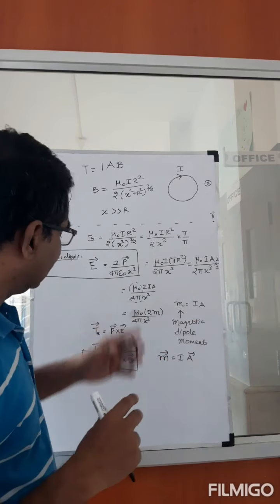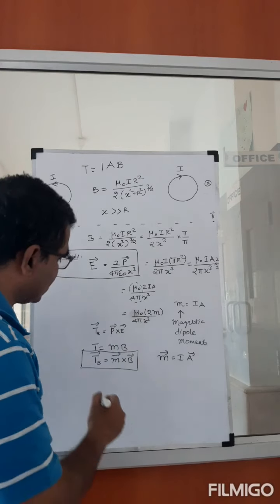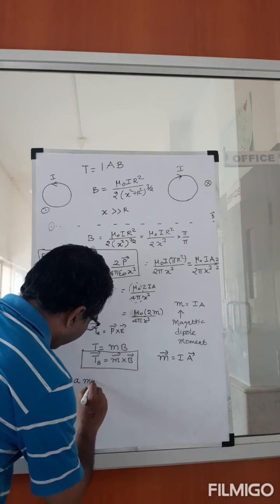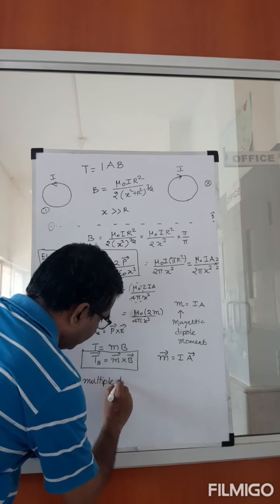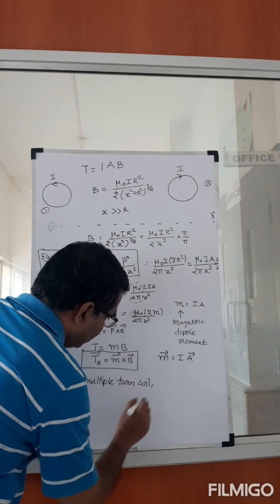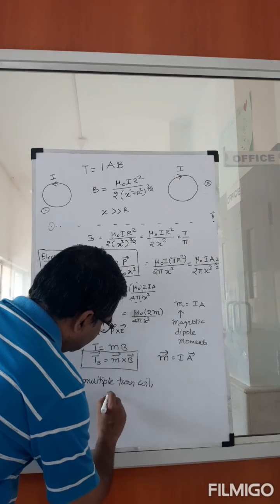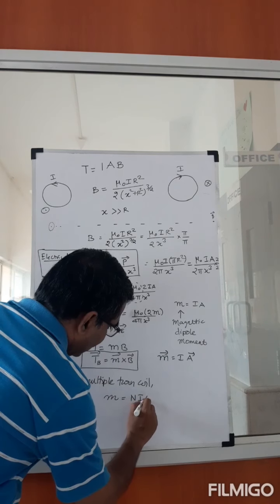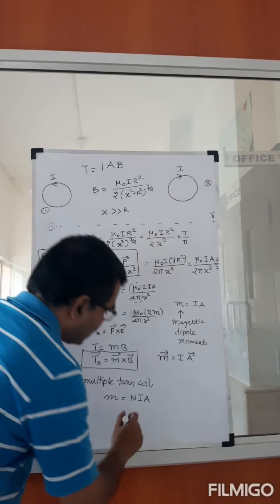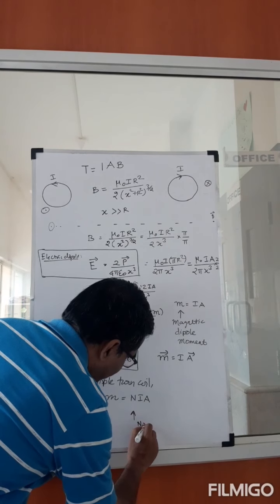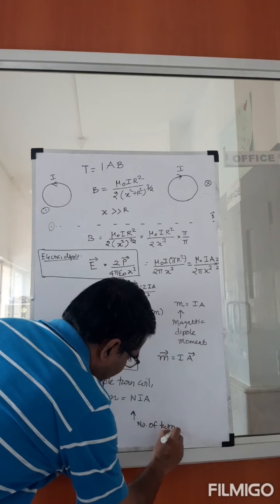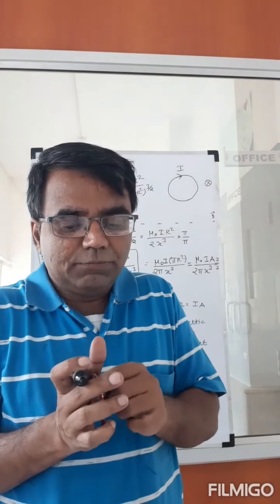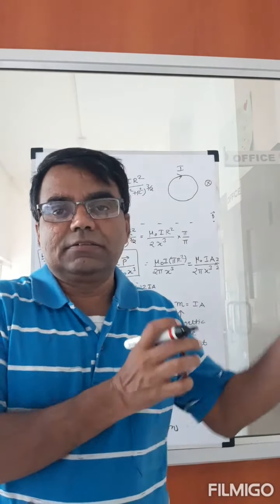So in that case, the dipole moment for a multiple turn coil, M, is given by N times I A, where N is the number of closely wound turns. Since they are very closely wound, all of them will contribute similarly.